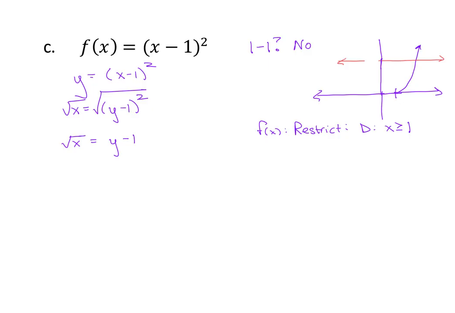If we finish solving for y, we want to add 1 to both sides. And what we get is the square root of x plus 1 equals y. And we replace our y with our inverse function. And so what we get is f inverse of x is equal to the square root of x plus 1.